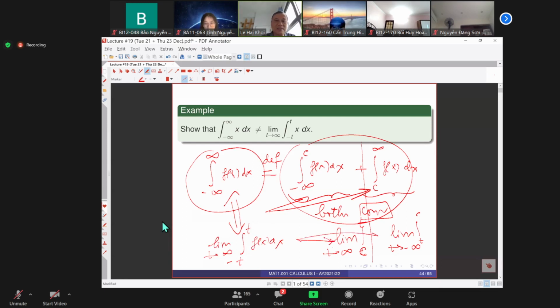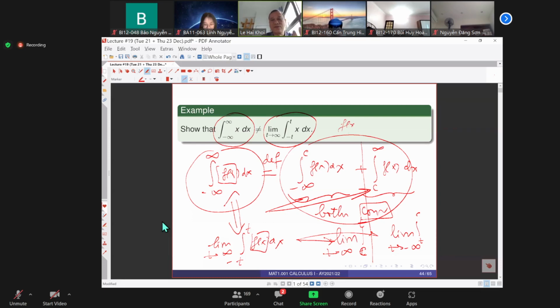The answer is no. We show an example where the left-hand side and the right-hand side are different for a particular function f. In our case, f(x) is x.